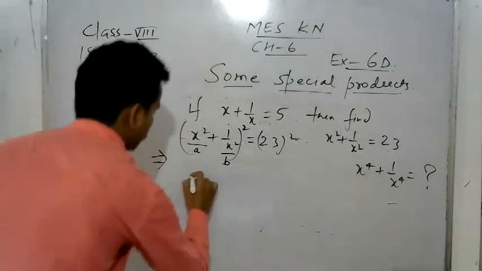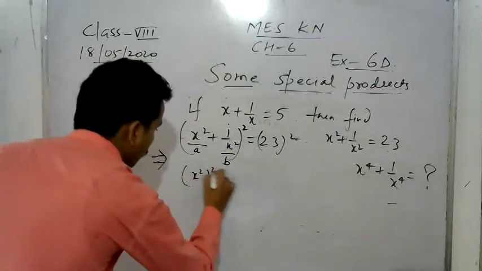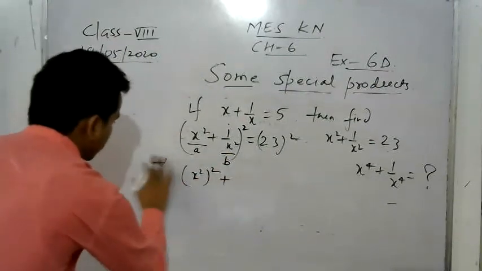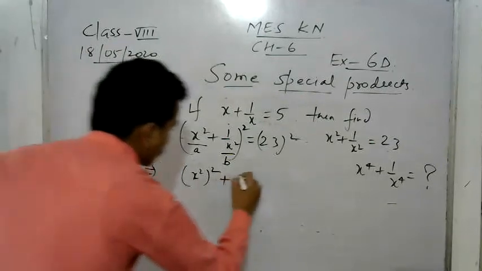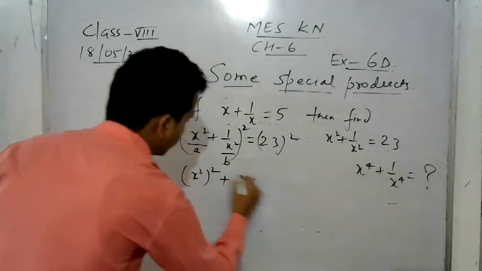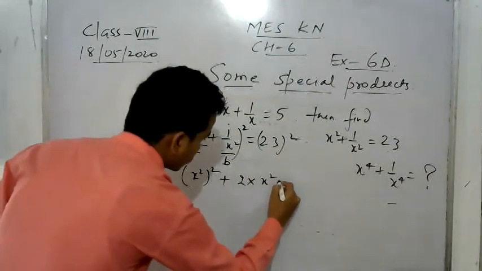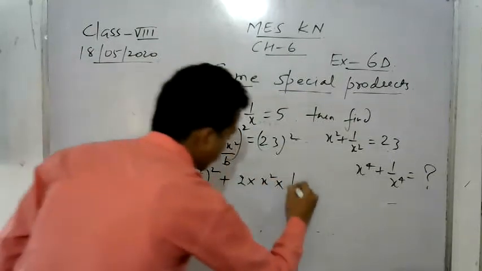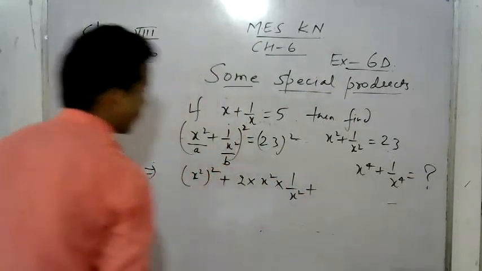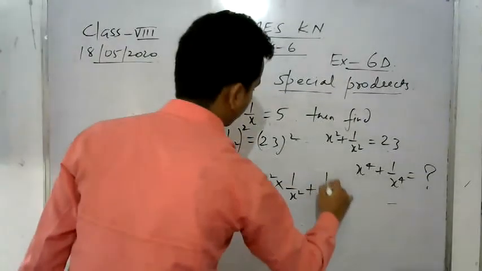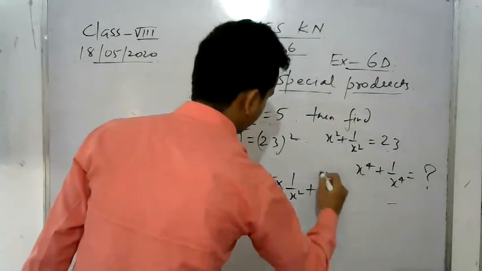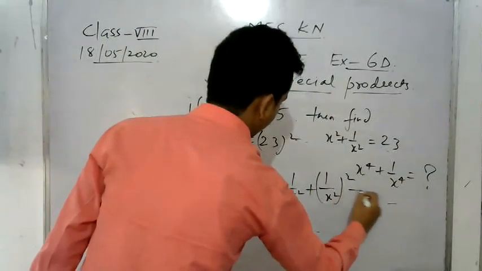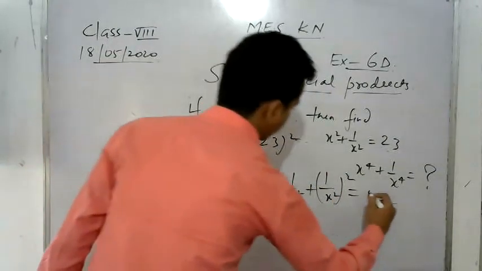So a square means (x square) whole square, plus 2ab, 2 into x square into 1 by x square, plus b square, which is (1 by x square) whole square. And here 23 square is 529.